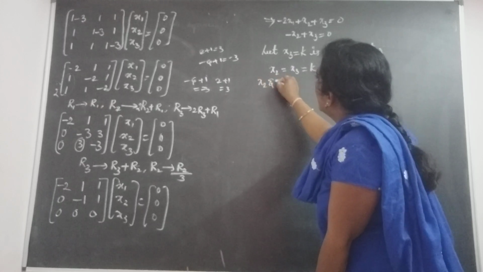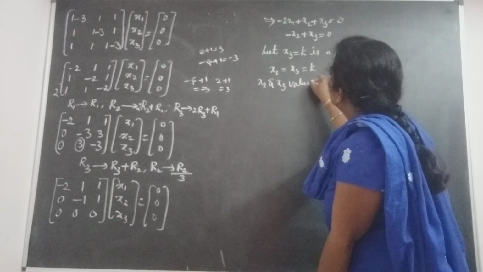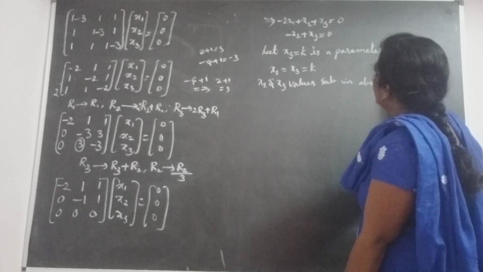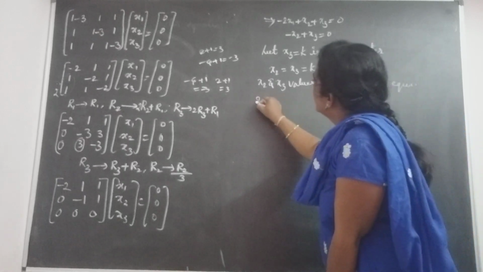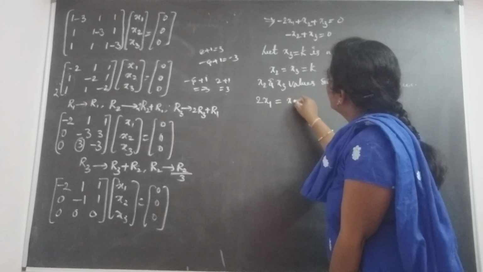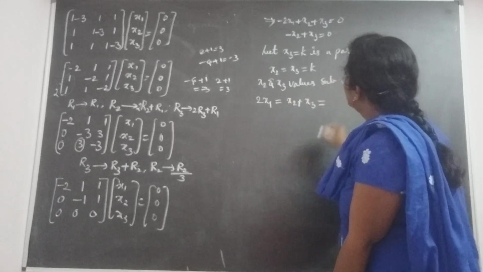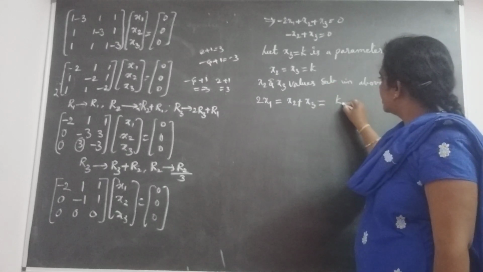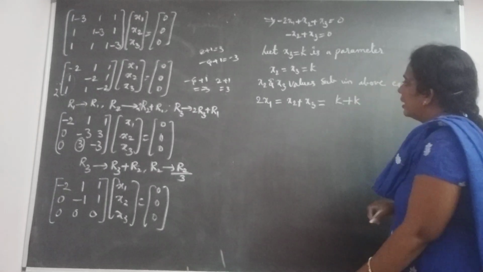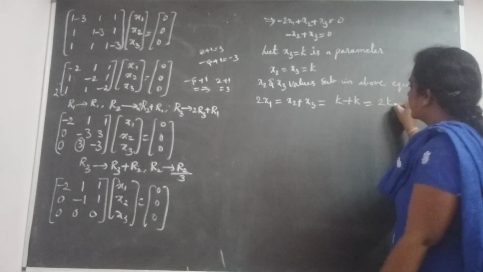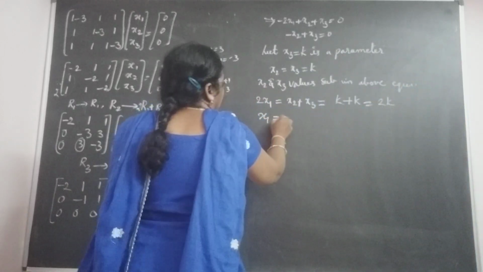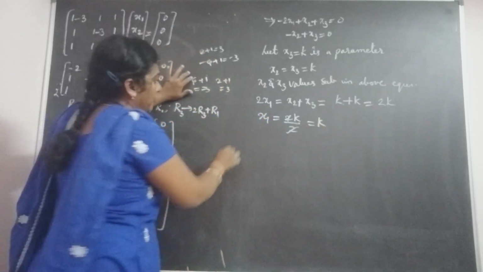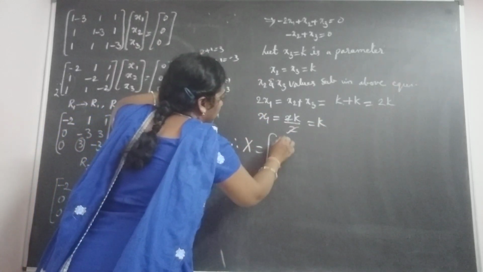And these x2 and x3 values are substituted in the above equation, that is 2x1 is equal to x2 plus x3, that is k plus k, that is 2k. Then x1 is equal to 2k by 2, the 2 gets cancelled. That is also k.